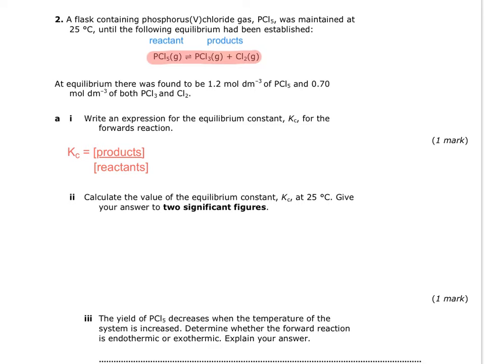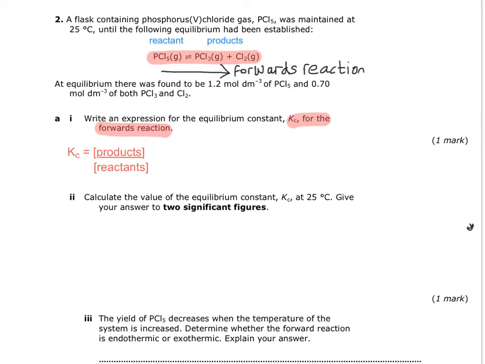So we've got our first mark, haven't we? Because we've written the expression for the equilibrium constant, but it says for the forward reaction. So it's quite important to make sure that what we're doing is treating the reaction as moving in this direction. So the forward reaction is obviously left to right.